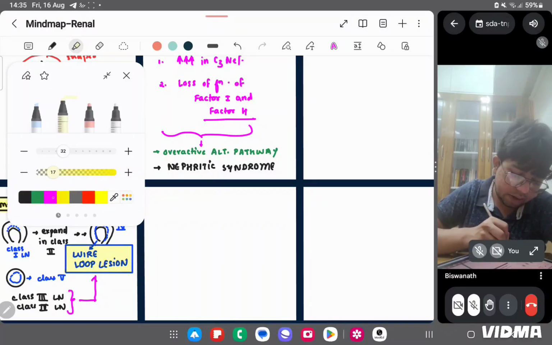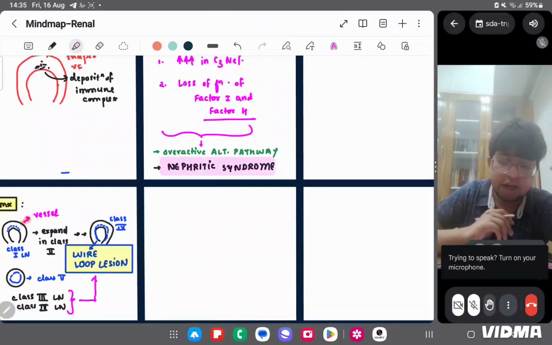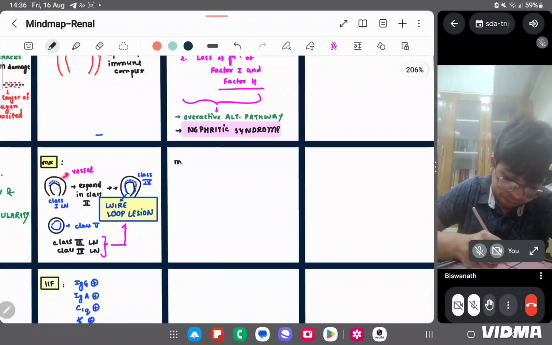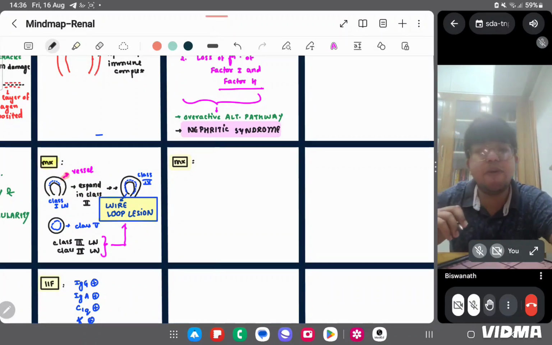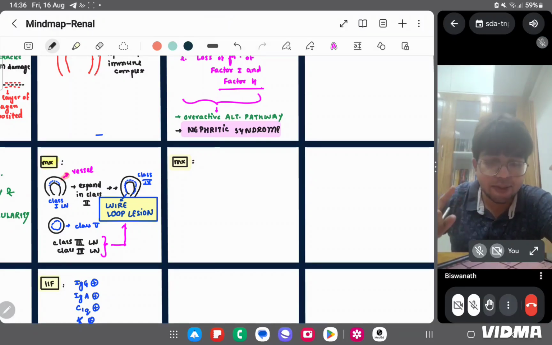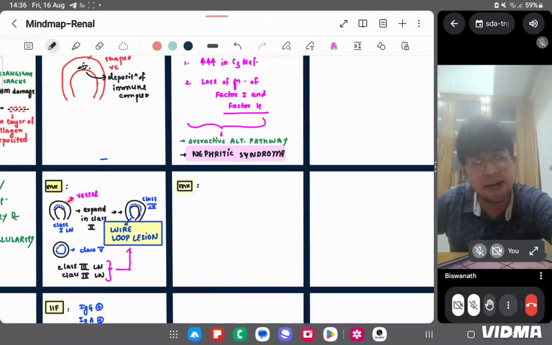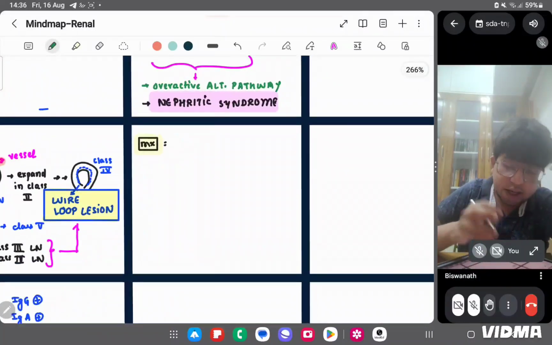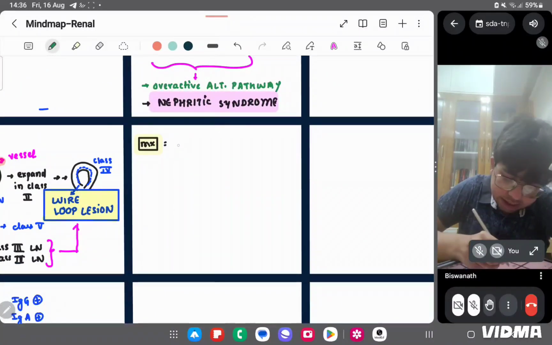Let's take pink as we're maintaining the color coding. It will be a nephritic syndrome. And what will be the microscopy? Microscopy will show mesangial expansion or mesangial hypercellularity, because of course the mesangial deposits will be present. Alternate pathway activated means C3 and C5a will come to the mesangium. So microscopy will again be mesangial hypercellularity, same as in Berger's disease or IgA nephropathy.